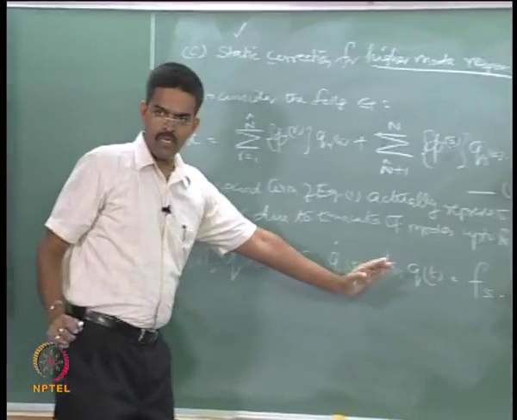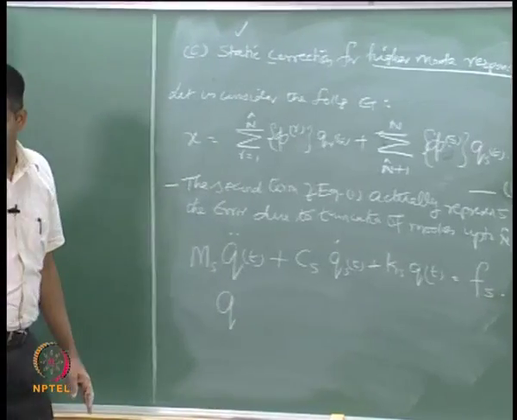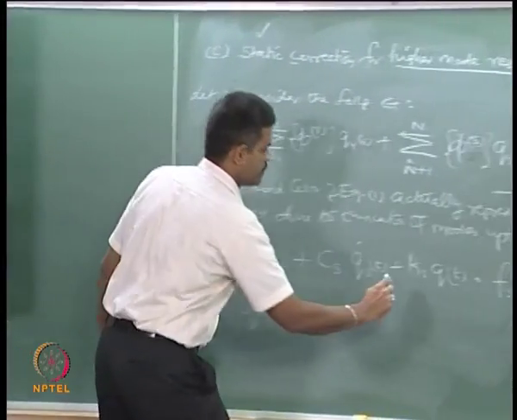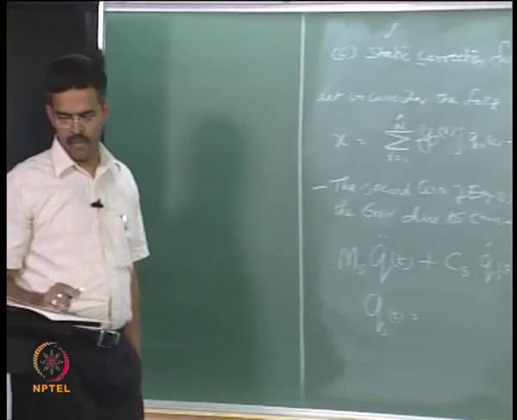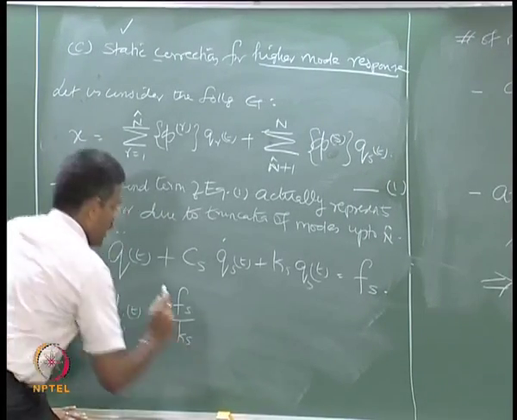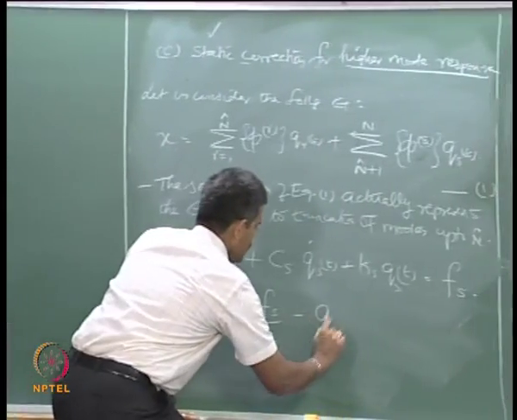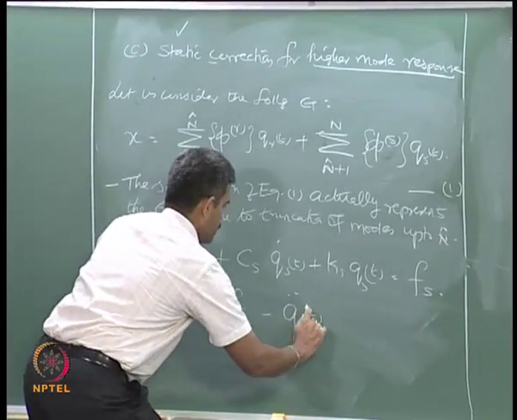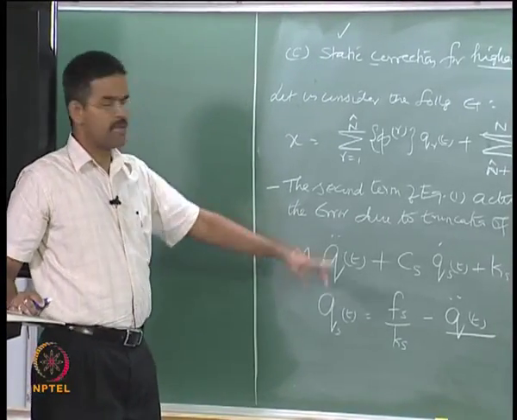From this equation I can write q s of t, which can be simply f s by k s minus q double dot of t, I have to divide it by m as well as by k, isn't it?